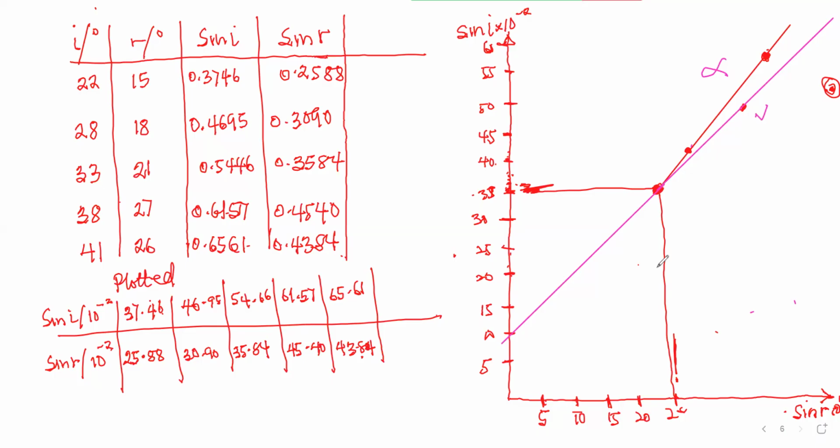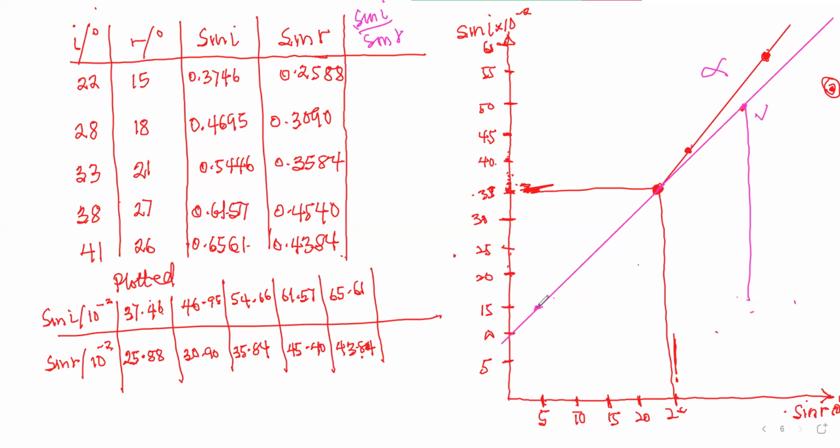Then the slope. I saw some of you using sine I over sine R to calculate this, finding the average. Please, in determining the slope, you choose any two points. It can be already made points or non-available points.